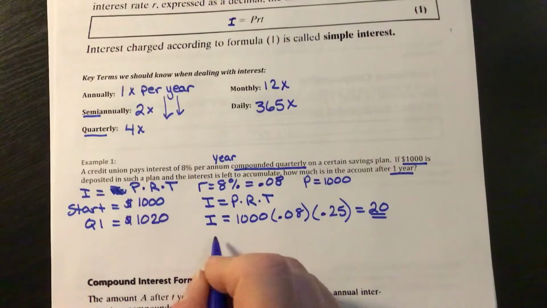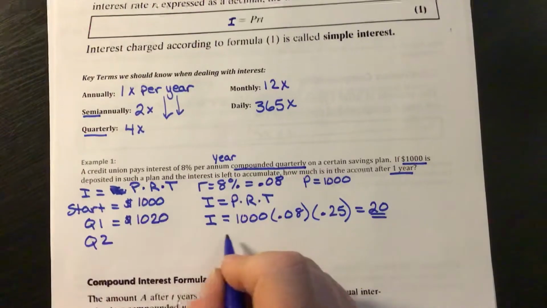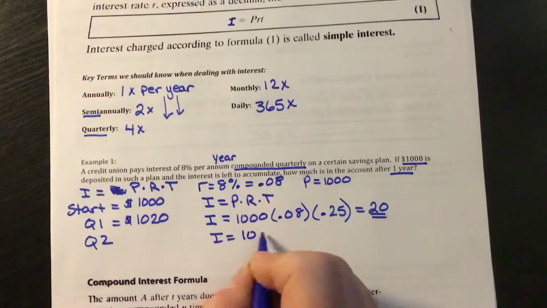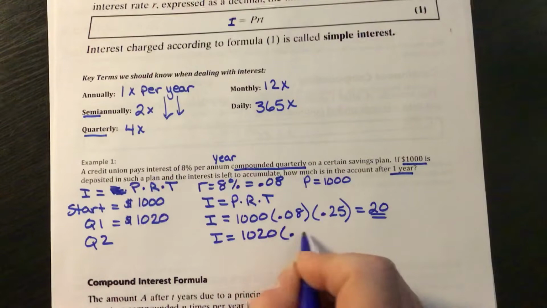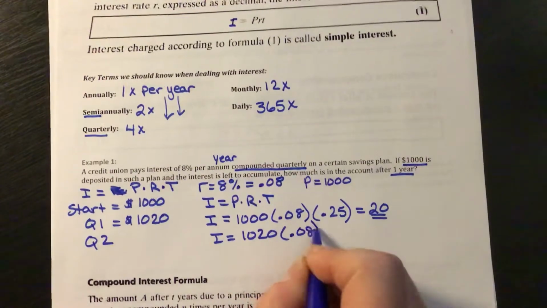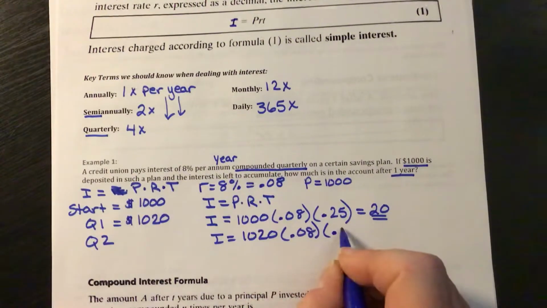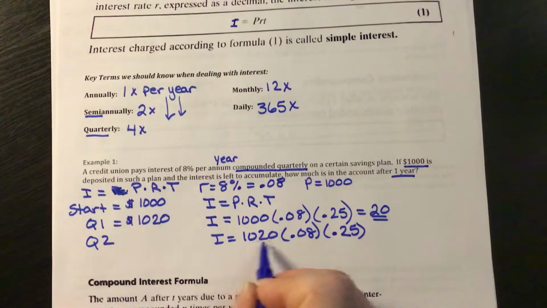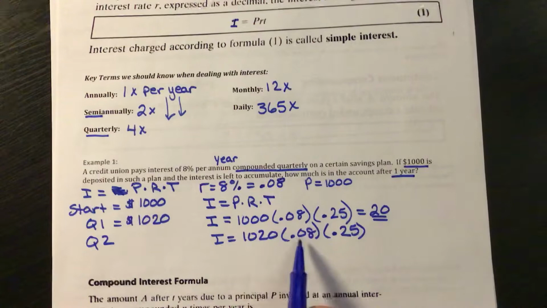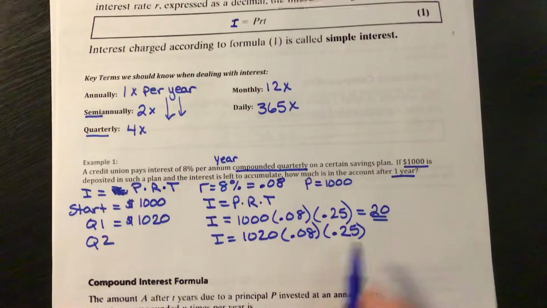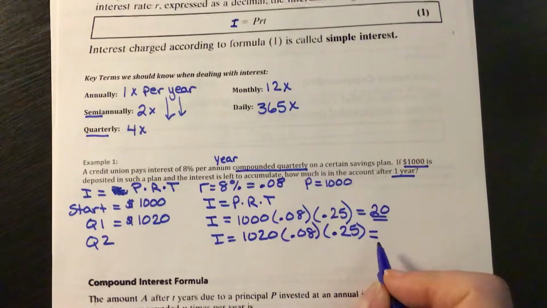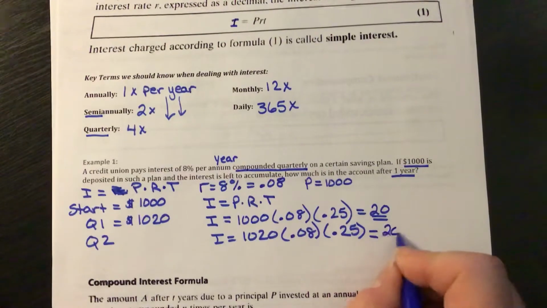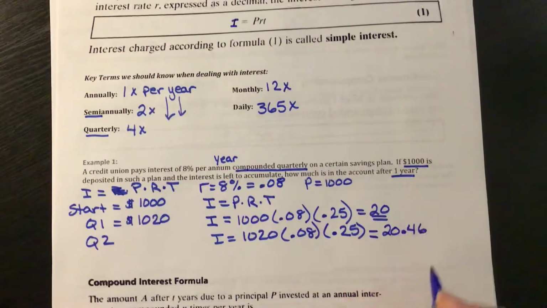So then for quarter two, I'm going to start with $1,020. I'm going to multiply it by 0.08 and then by a quarter of a year. So my principal, I added my interest in here, so now I have 1,020 times my rate times my time, and when I calculate that, I have $20.40.